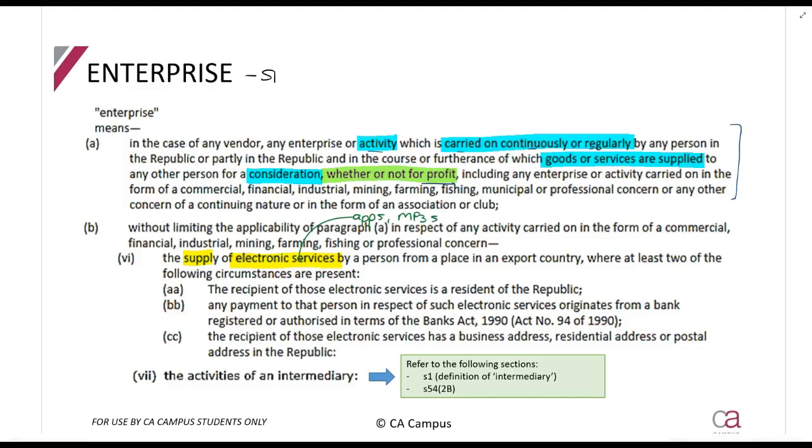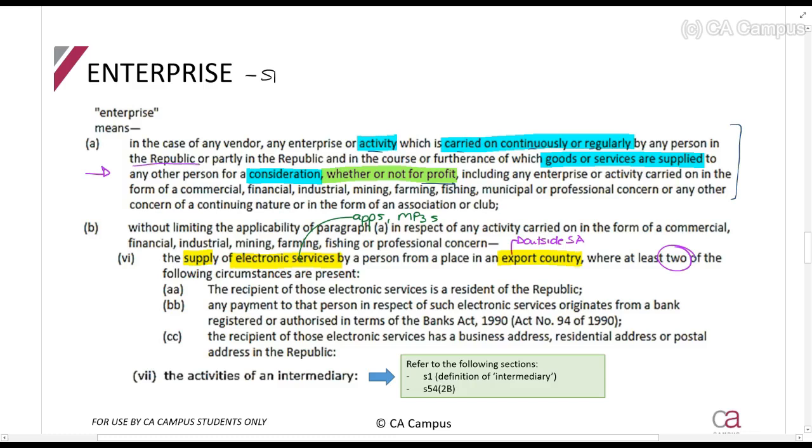The supply of electronic services from a person from a place in an export country, meaning outside of South Africa, where at least two of the following circumstances are present. Over here, I just want you to see, they say, you must be in the Republic of South Africa.